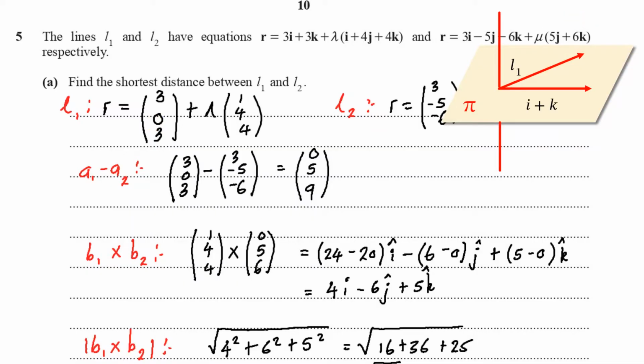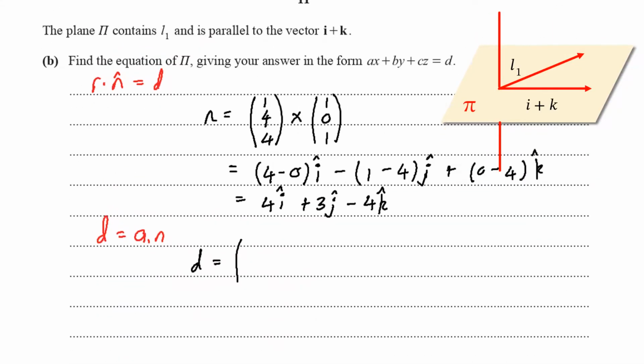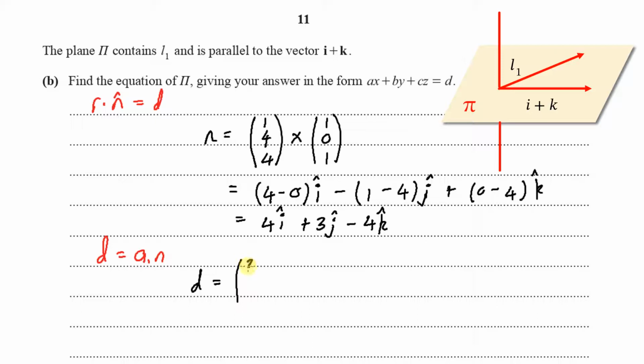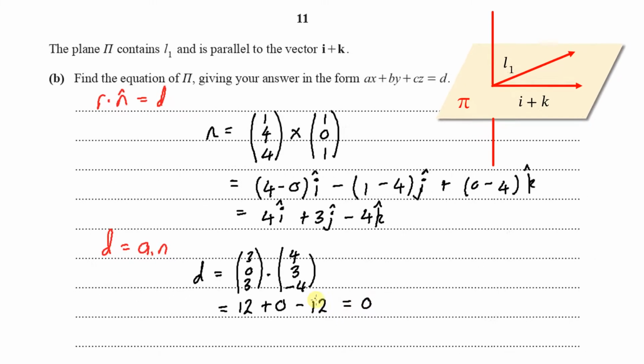So I'll use (3, 0, 3) for a, and that's dot n, which is what we got, (4, 3, -4). So for the dot product, that's 3 times 4, that's 12, and 0 times 3, that's 0, and 3 times minus 4, that's minus 12. So this gives us 0.